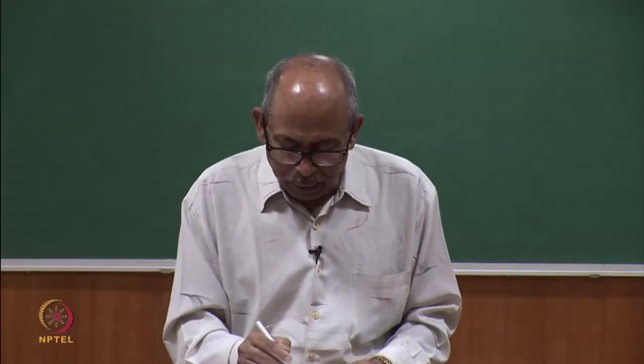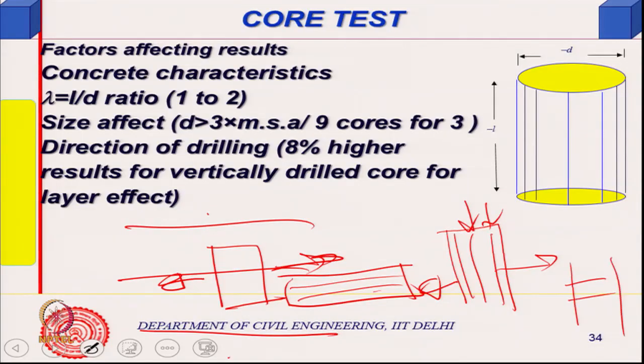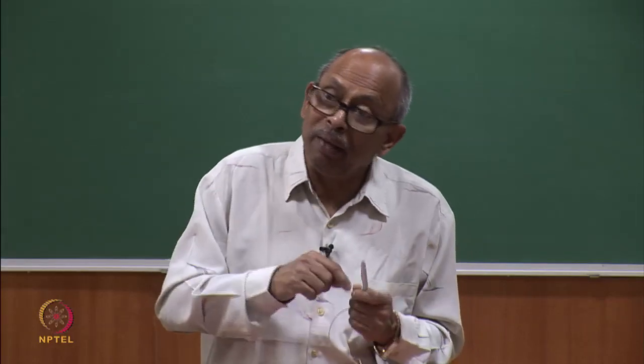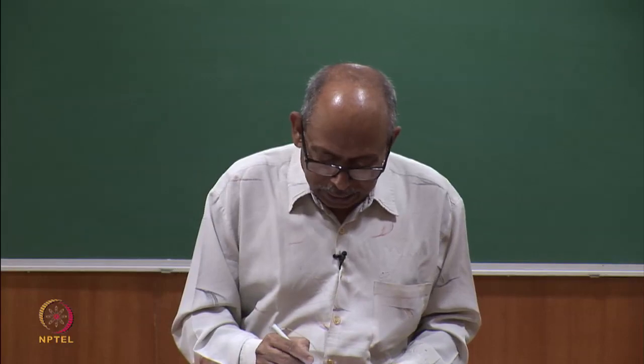While in a vertically drilled core, the layers will be like this. So, results differ by around 8%, and the vertically drilled core shows slightly higher results. So, a correction factor is applied, which is a multiplying factor, and we will see how we do it.